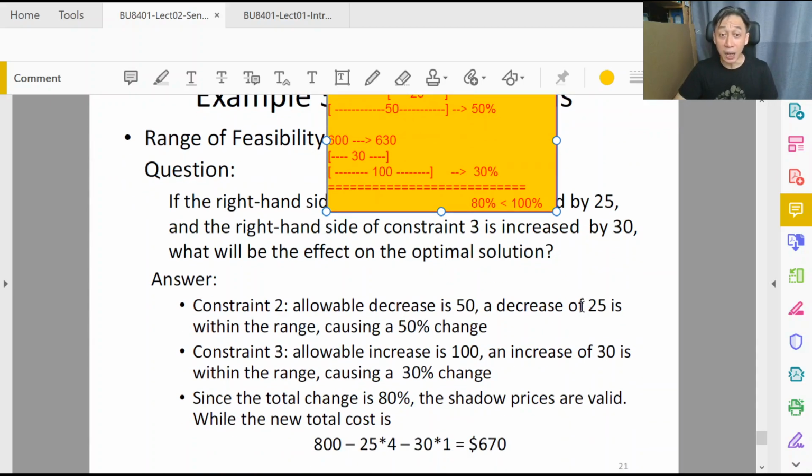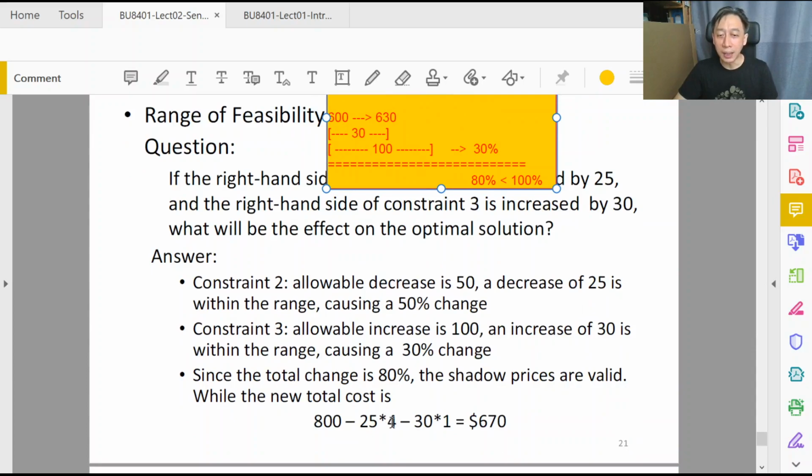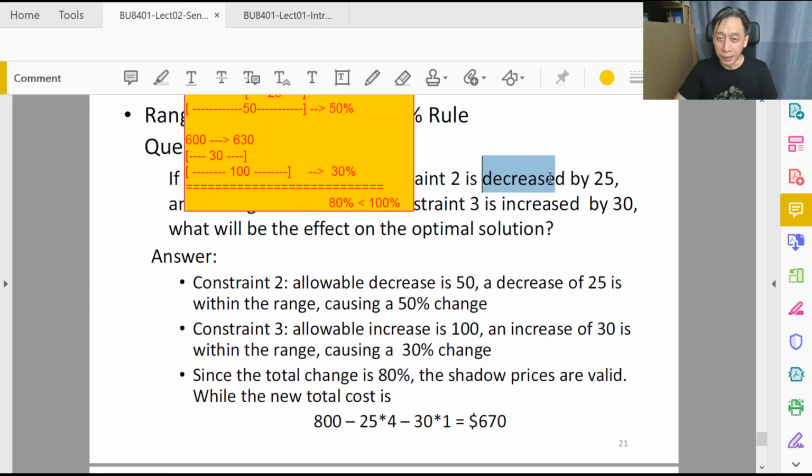Because we have cleared the 100% rule, we can now say that we multiply the decrease by 25, right? So that will be -25 times +4, because shadow price is +4, plus the increase. So let's write this out more explicitly.